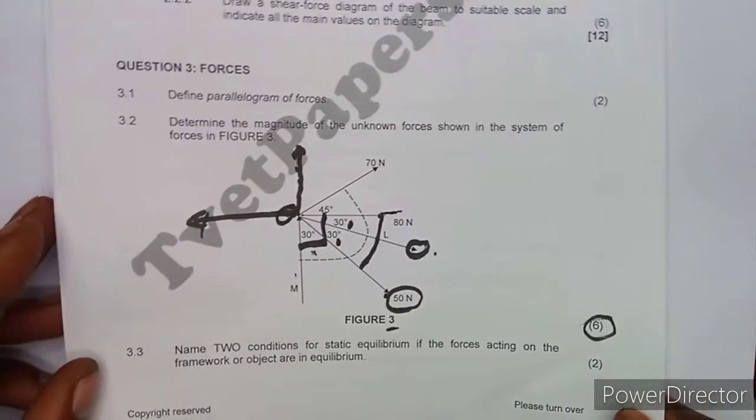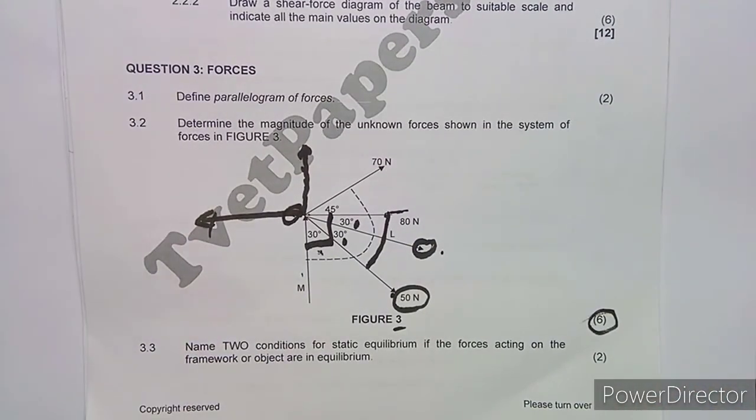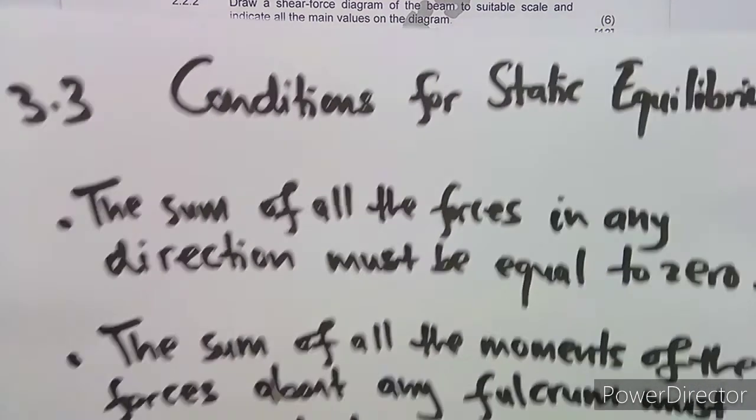another question that we are given is to name two conditions for static equilibrium if the forces acting on the framework or object are in equilibrium. What do we have there? Okay, so what are the conditions? That is the question. All right, so these are the conditions that you're going to have for 3.3, guys.